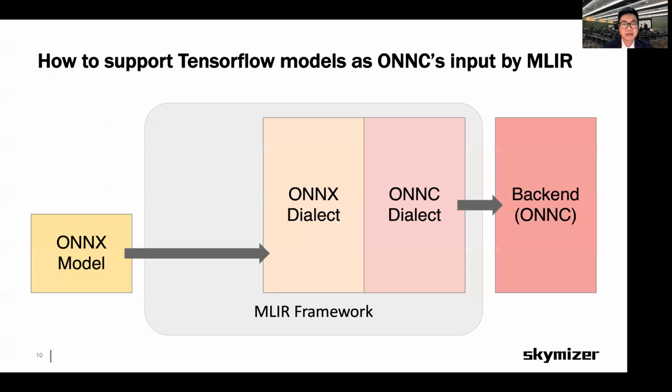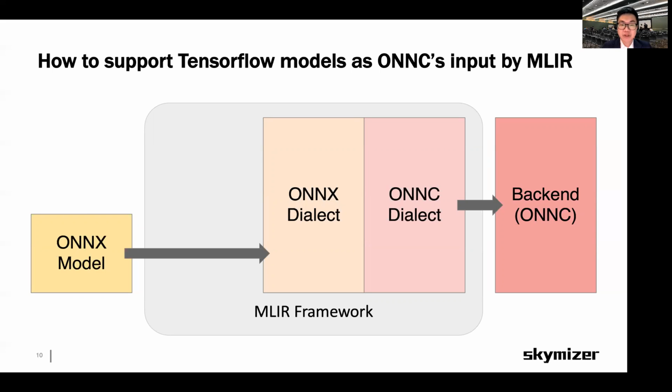Let's take a look. In the very first version of ONNC, we implemented the backend of ONNC to generate code, and we implemented the ONNC dialect as our front end. Also, we implemented the ONNX dialect as our front end. By doing so, we could support an ONNX model as our input in the very first version.